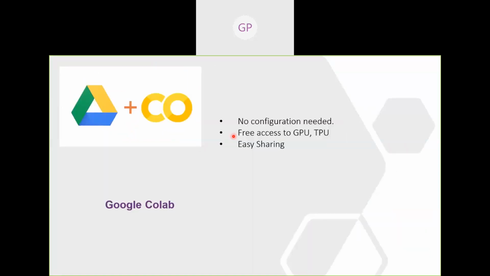I think this is something called Google Colab. People would have heard of it, Google Collaboratory. It uses your own Google Drive; create an account and quickly go onto it. There's no configuration needed. I just started using it. It's very handy. I can use GPU and TPU resources for free on Google Collaboratory.